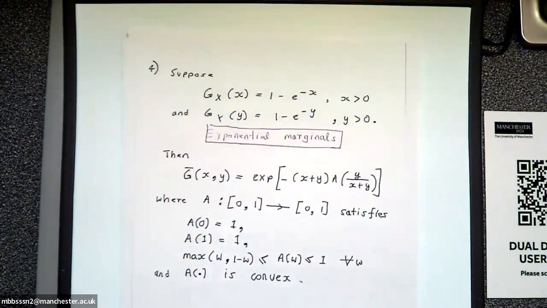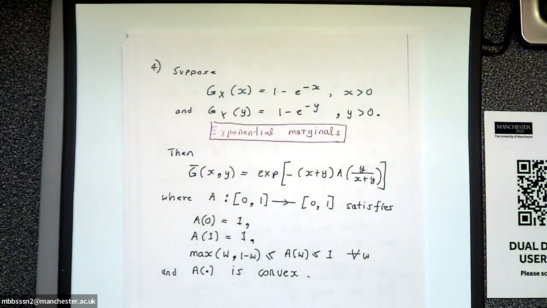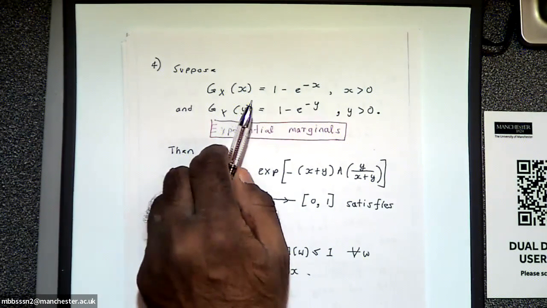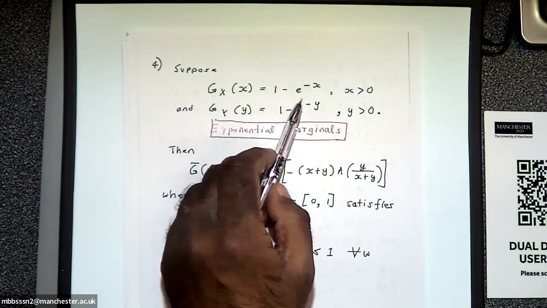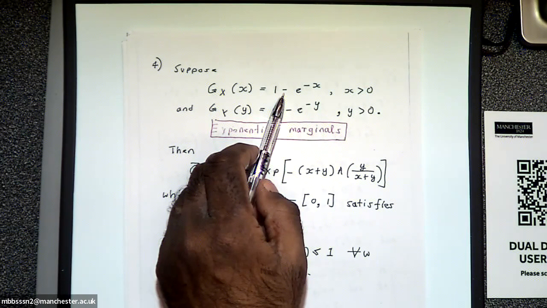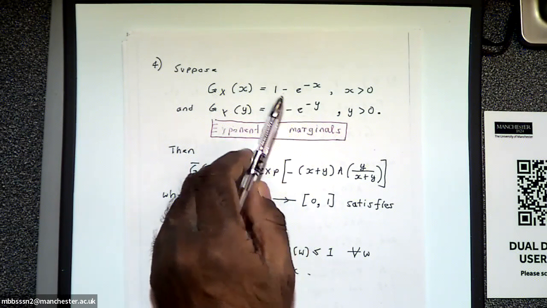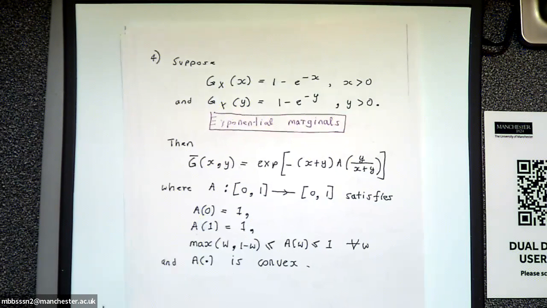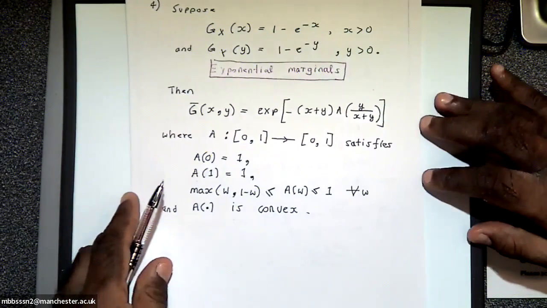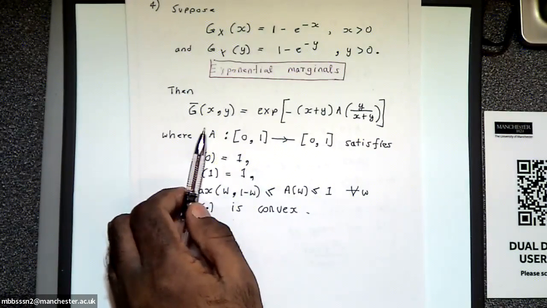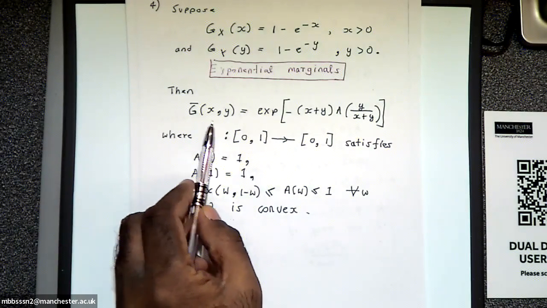If the marginals of G are exponential, which means the marginal of X is the CDF of a univariate exponential distribution with the parameter equal to 1, and so is this one, then the possible forms for G bar, remember G bar is the survival function of G, can be expressed in this form.